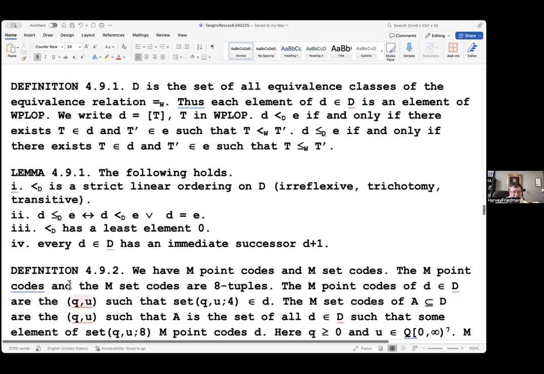And D is less than or equal to E if and only if D is less than E, or D is equal to E. Less than D has the least element, 0. Every D in D has an immediate successor. These are all straightforward.